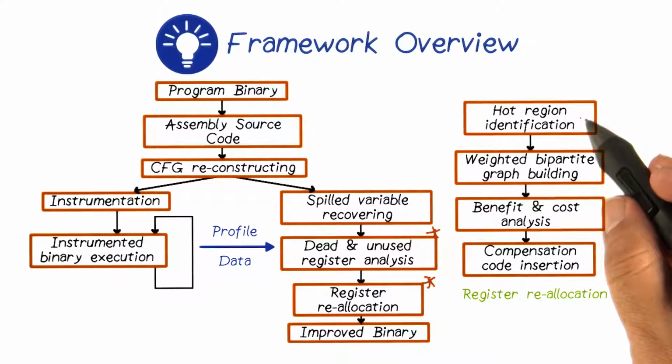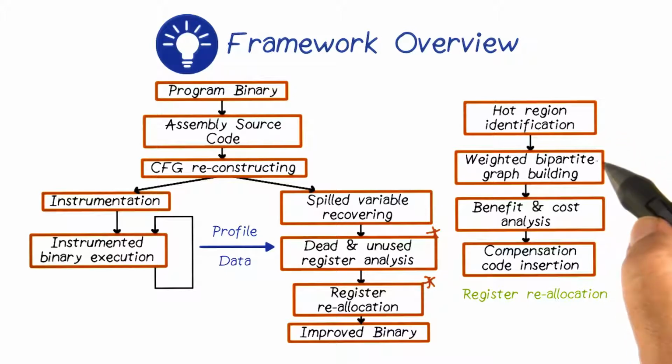We first identify hot regions, and we are going to build a weighted bipartite graph. What is this graph going to show us? On one hand, it is going to show us what are dead and unused registers in different program regions. On the other hand, it is going to show us what are spilled ranges. And we are going to try to do a matching of these two.